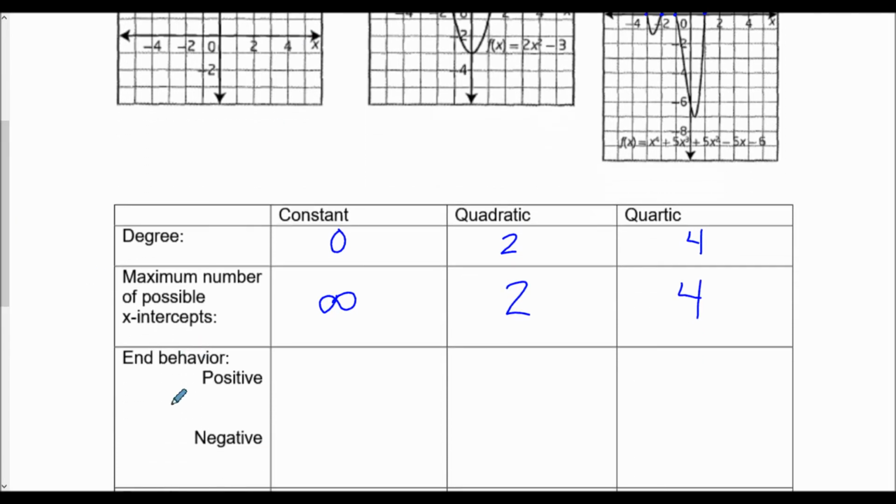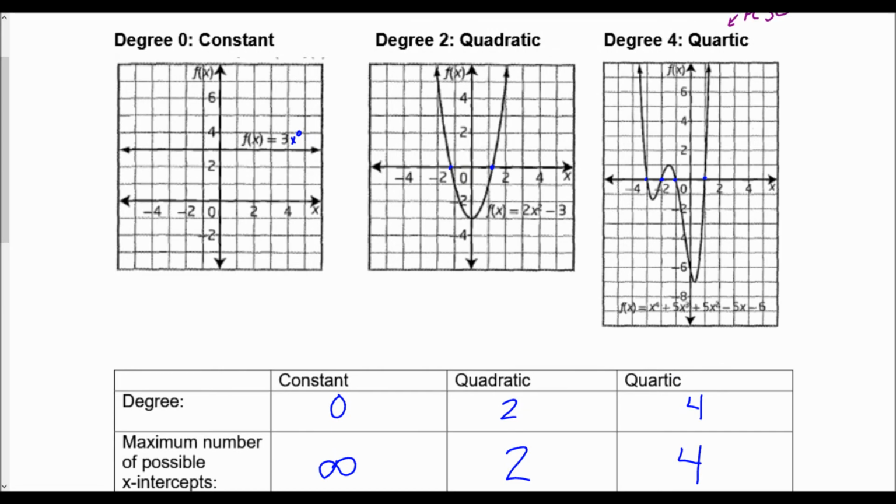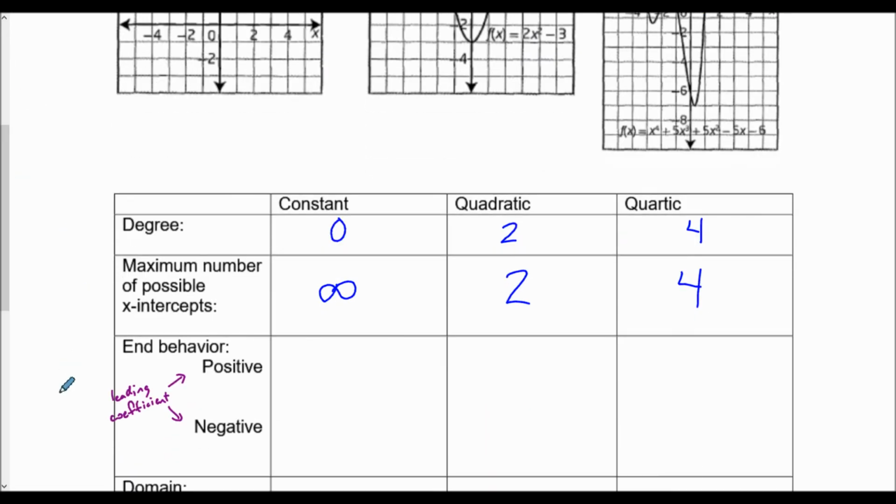Again, just like we talked about whether it's positive or negative by the leading coefficient, you'll notice here, sorry, I'll just write down my quadrants again, 1, 2, 3, and 4.